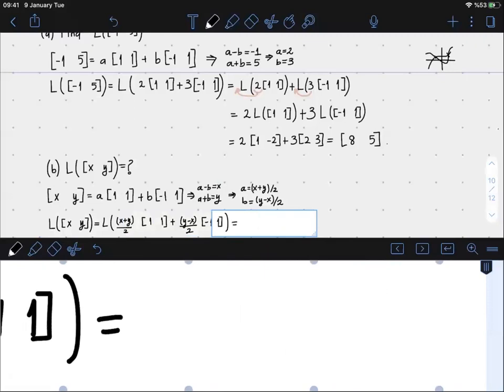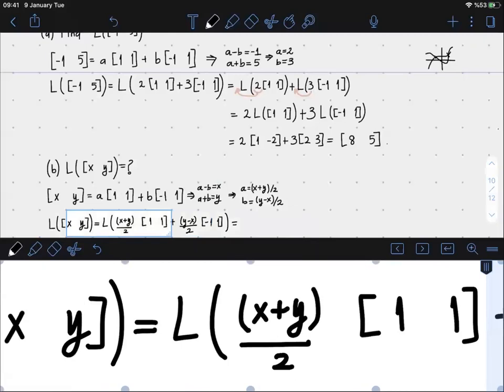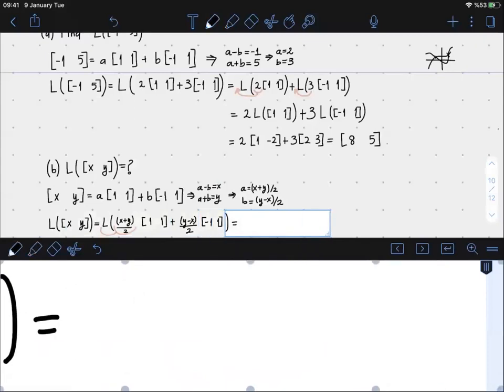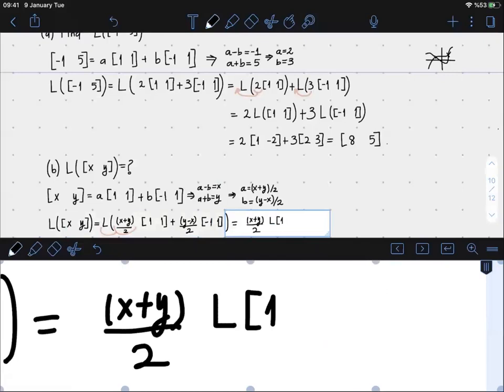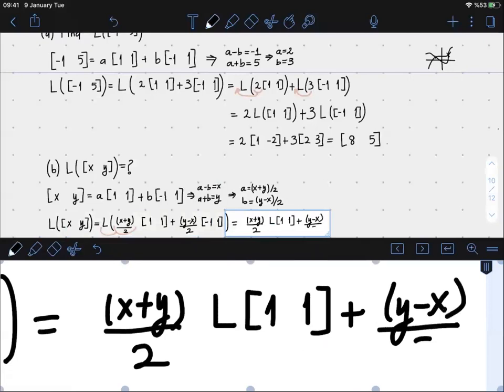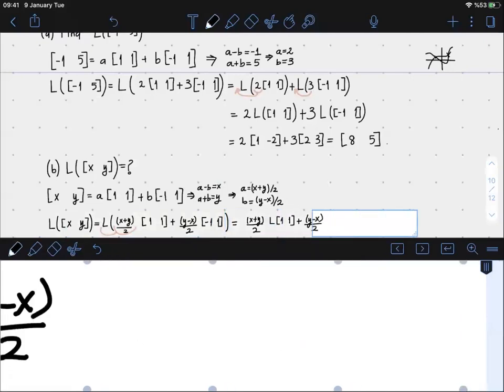Now I can take these constant terms outside. I will repeat the same thing, but shorten my writing. So I get (x + y)/2 times L(1,1) plus (y - x)/2 times L(-1,1).